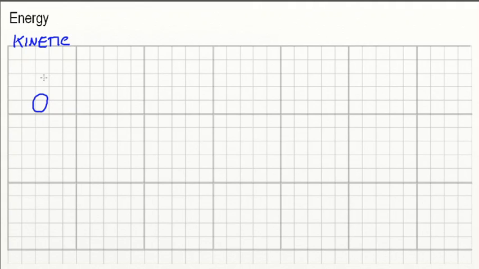So if you have any object of mass m moving with a certain speed, and I'm writing a vector v here, that's my velocity, the kinetic energy, usually denoted by Ek or KE, is the product of the mass and the speed squared divided by 2.